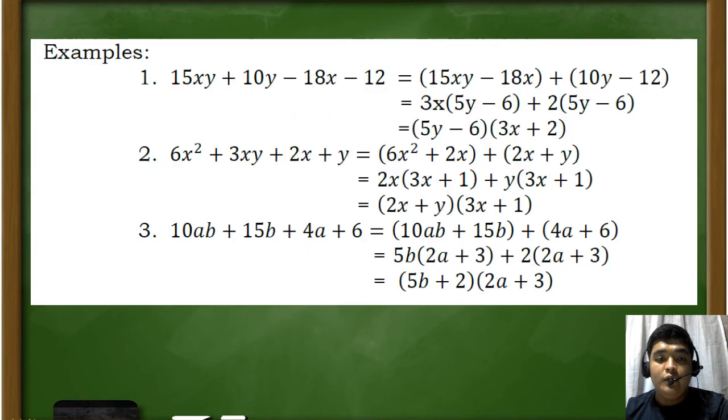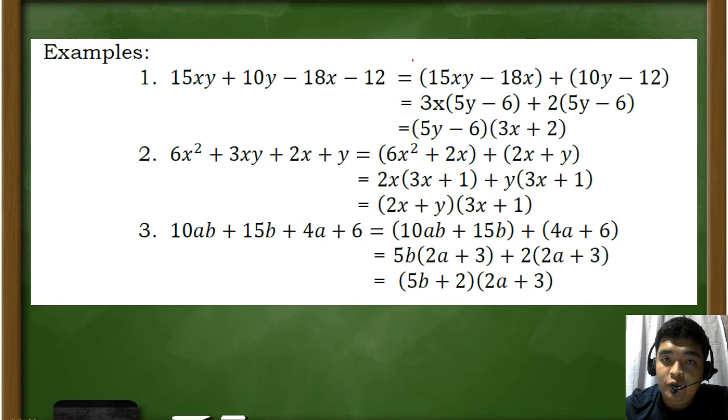For number 1, we have 15xy plus 10y minus 18x minus 12. First, we group. We group the terms that we can factor together: 15xy and minus 18x, and then 10y minus 12.